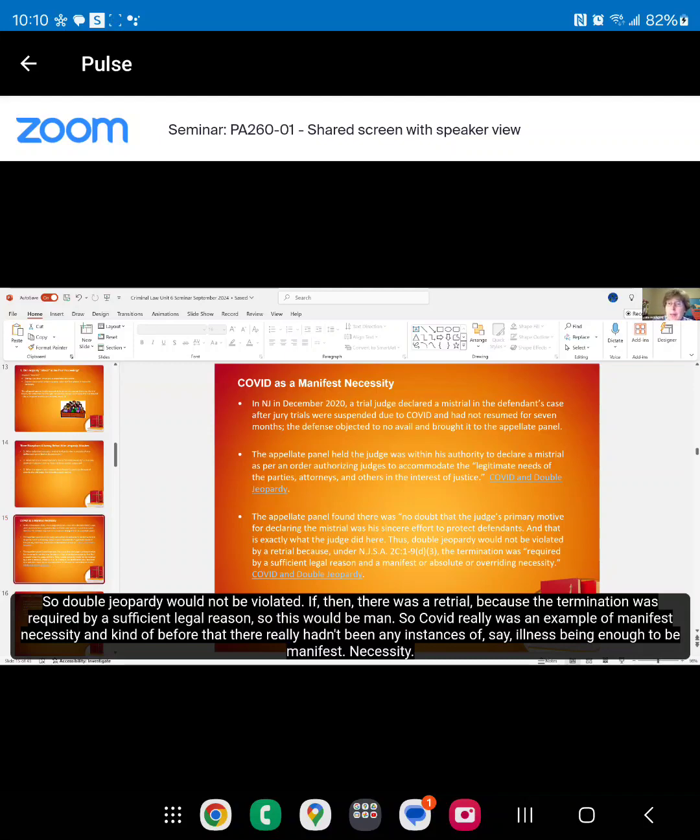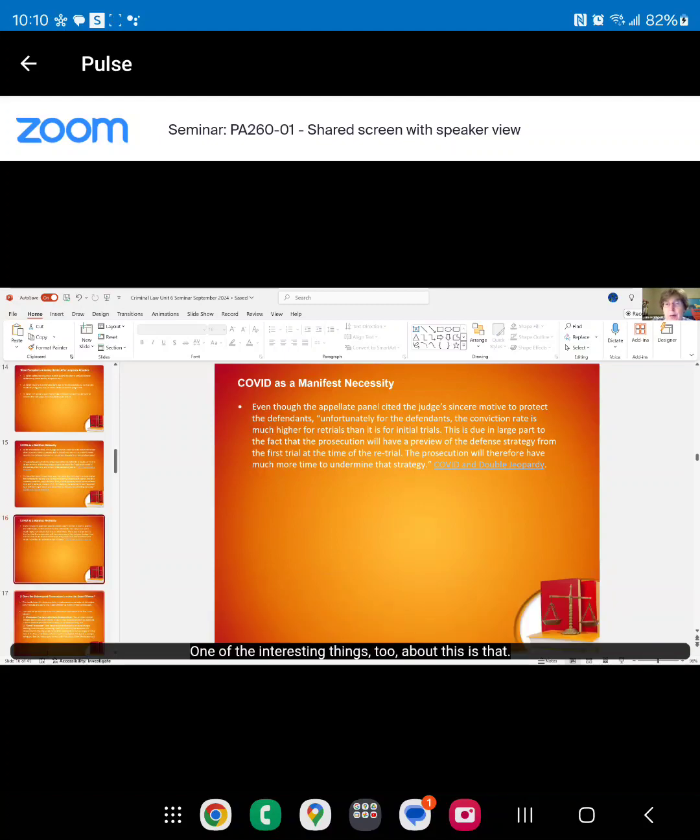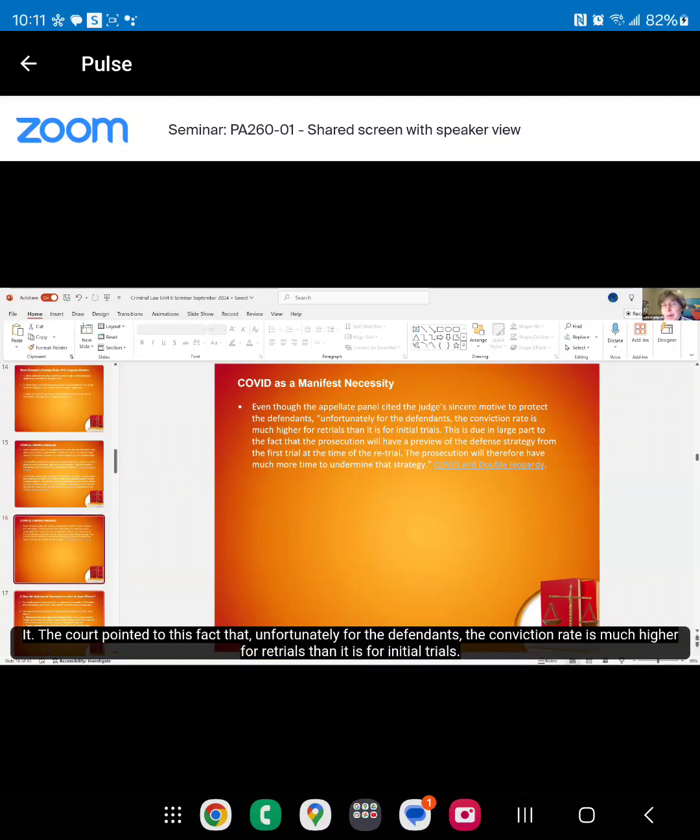Before that, there really hadn't been any instances of, say, illness being enough to be manifest necessity. And one of the interesting things about this is that the appellate panel pointed to the judge's sincere motivation to help the defendant, but the court pointed to this fact that unfortunately for defendants, the conviction rate is much higher for retrials than it is for initial trials.